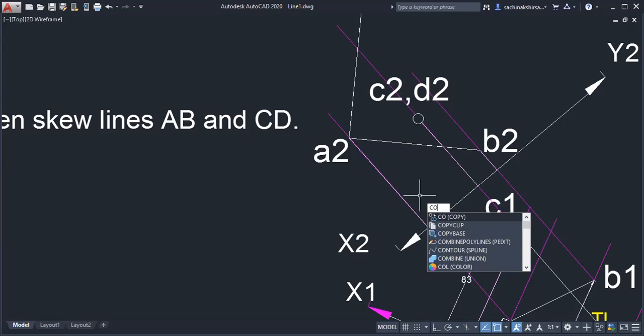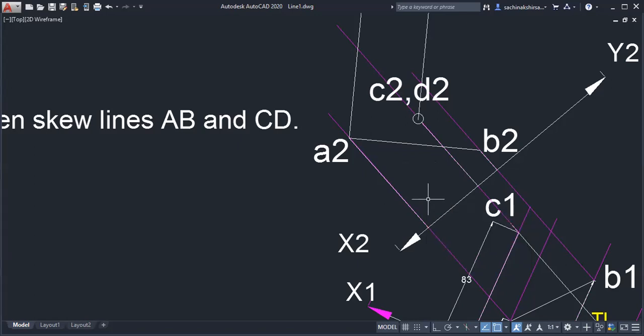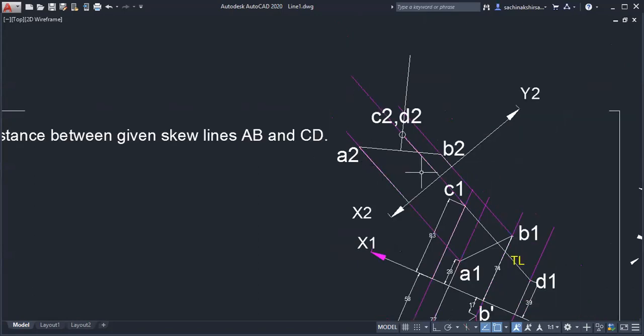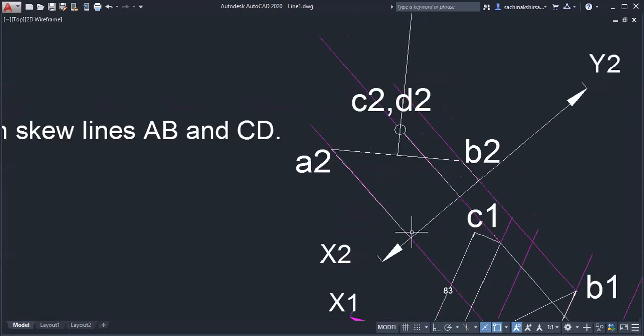The construction is in your hand. You can extend this, or you can directly draw a parallel line, and you can measure them. Okay, so I will erase this. You can measure the distance between that point view and the other line, from this center to this line.